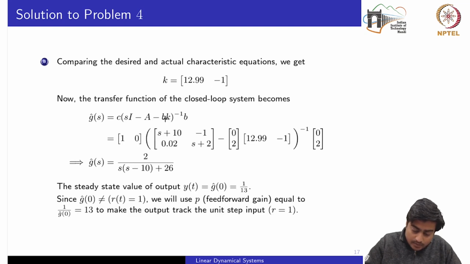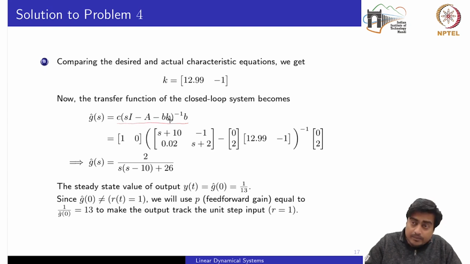This we can do by computing the transfer function and then computing the value of the transfer function at s is equal to 0, that is to say the DC value or the steady state value of the transfer function. So the transfer function can be computed by using this formula, where we know all these vectors and matrices C, A, B.